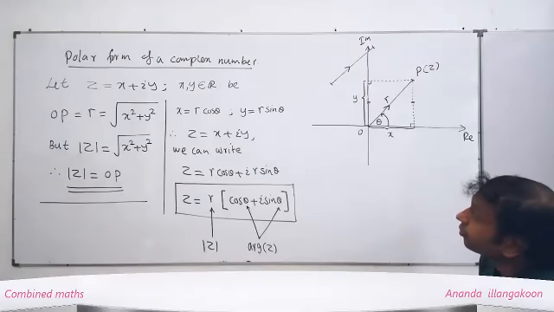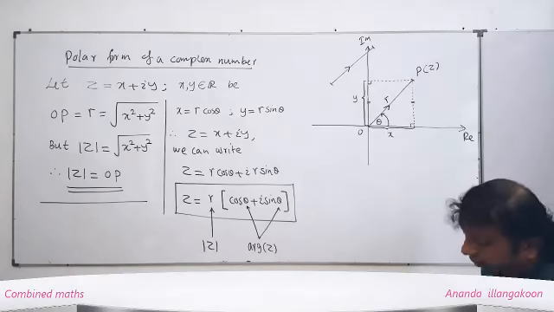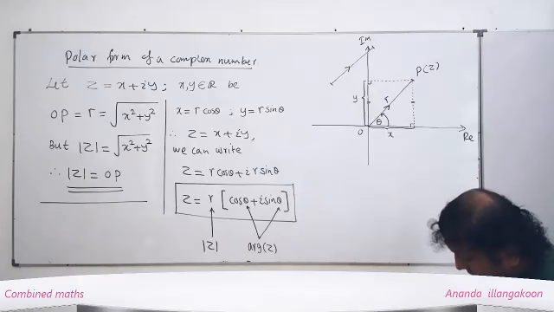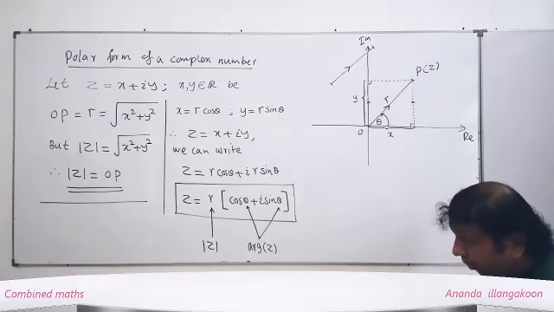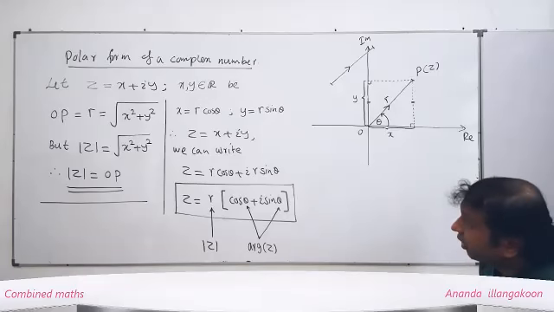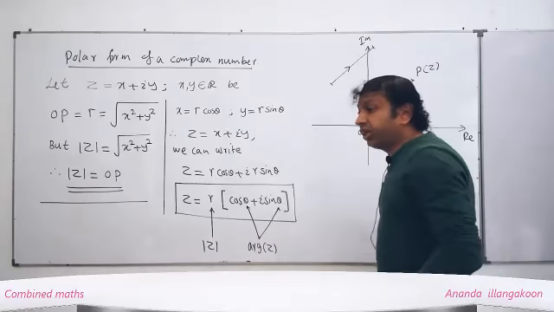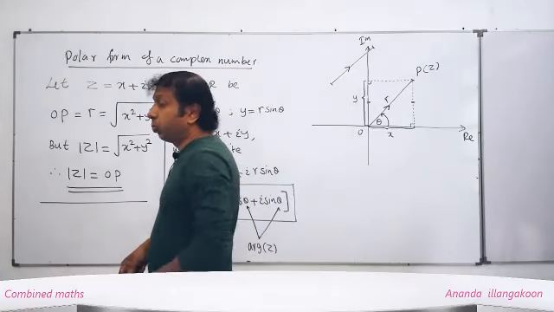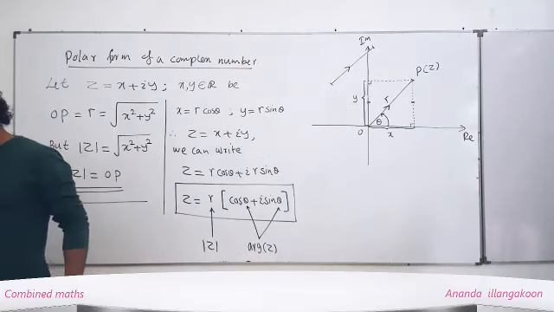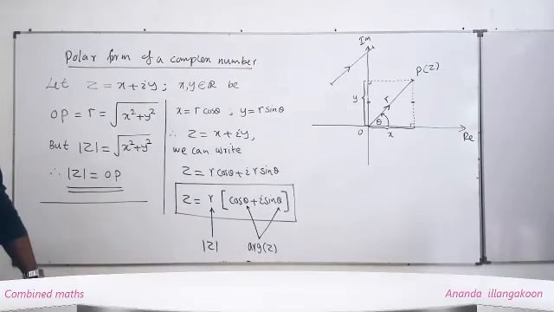Therefore, a complex number can be represented by a line segment using its two properties, magnitude and direction.